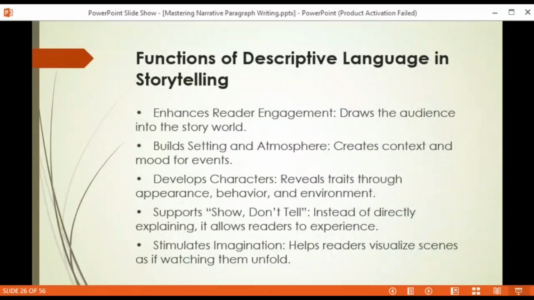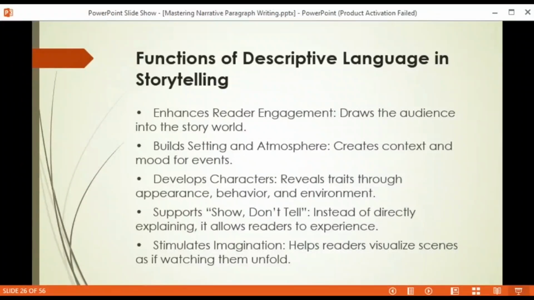Function of descriptive language in storytelling. What is the function of descriptive language? It enhances reader engagement and draws the audience into the story world. It builds setting and atmosphere, creating context and mood for events. It develops characters, revealing traits through appearance, behavior, and environment.